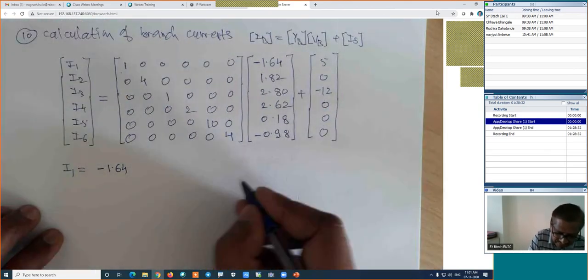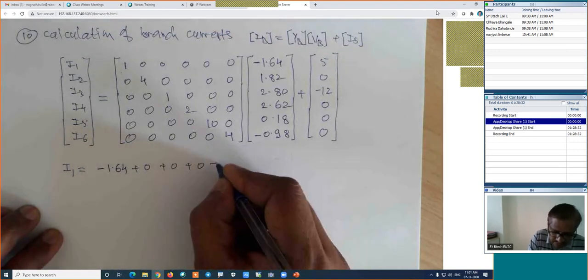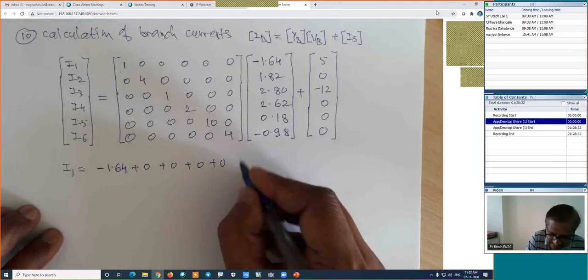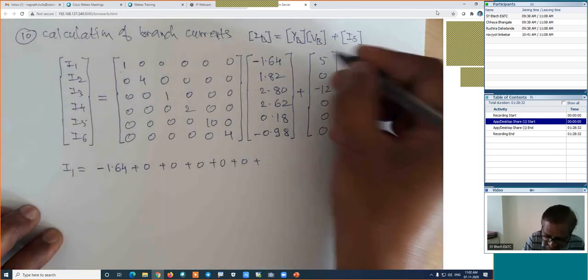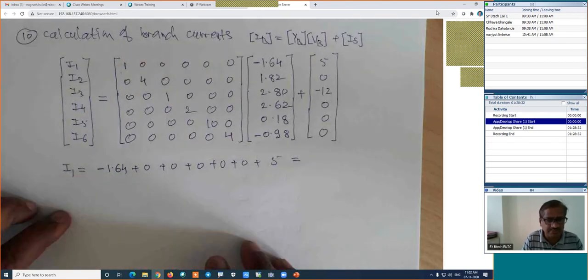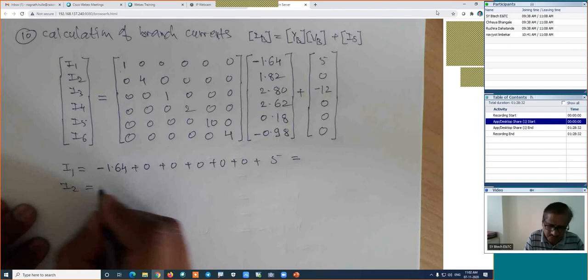It is 1, 2, 3, 4, 5 entries, plus 0 and plus this value which is 5, which is equal to, I will do the calculation later on, 1.64 and that value. This is I1.